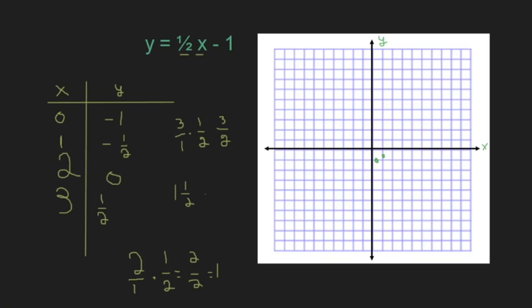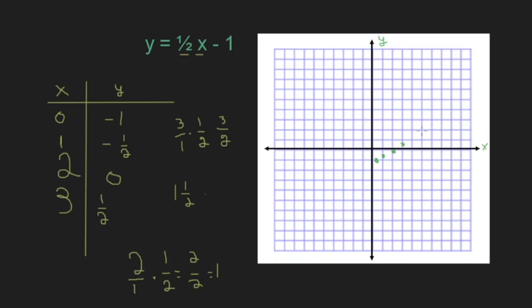X is 2, y is 0, so I go 1, 2, and we don't go down at all. Remember, if you go down, it's y, and if you go across, it's x. If x is 3, y is 1/2, so we go 1, 2, 3, and y will be positive 1/2, right about here.